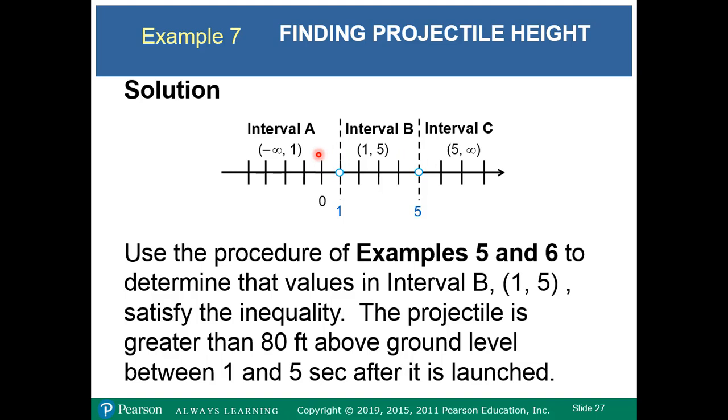Again, if you choose 0, this is going to be false, this is going to be true, and this is going to be false. So if you use 0 here, 1 here, and let's say 6 here, you'll find that the interval where the projectile is greater than 80 feet is from 1 second to 5 seconds.